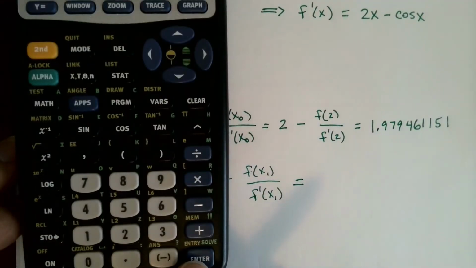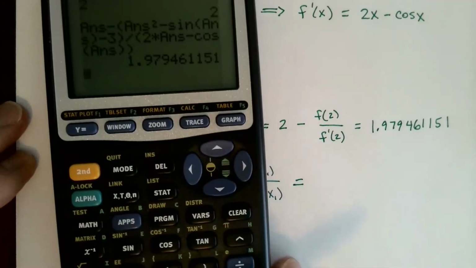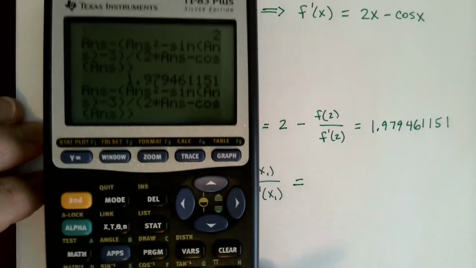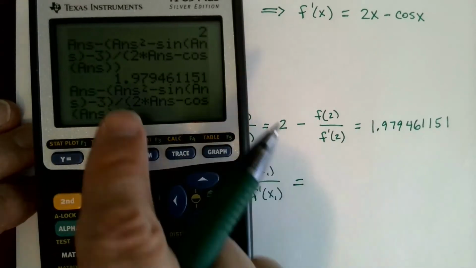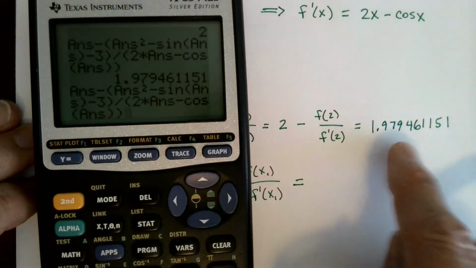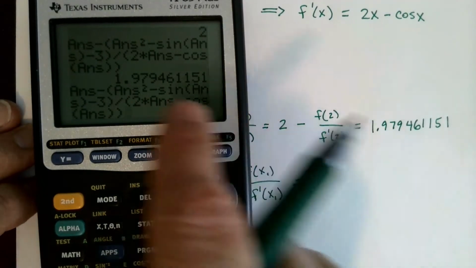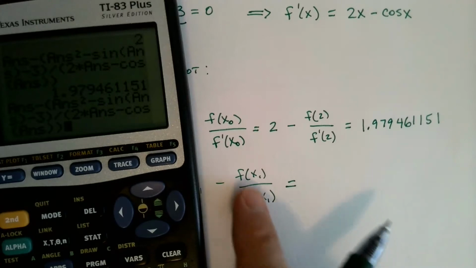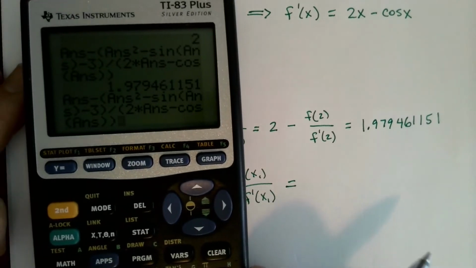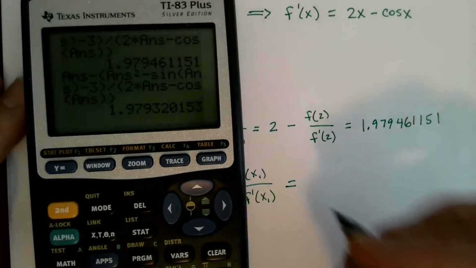Don't forget, entry is right above the enter key. If I do second entry, I recopy this whole expression, which now has answer as this value, which is x of 1. So now I'm evaluating x of 1 minus f of x of 1 divided by f prime of x of 1, and that gives me x of 2.